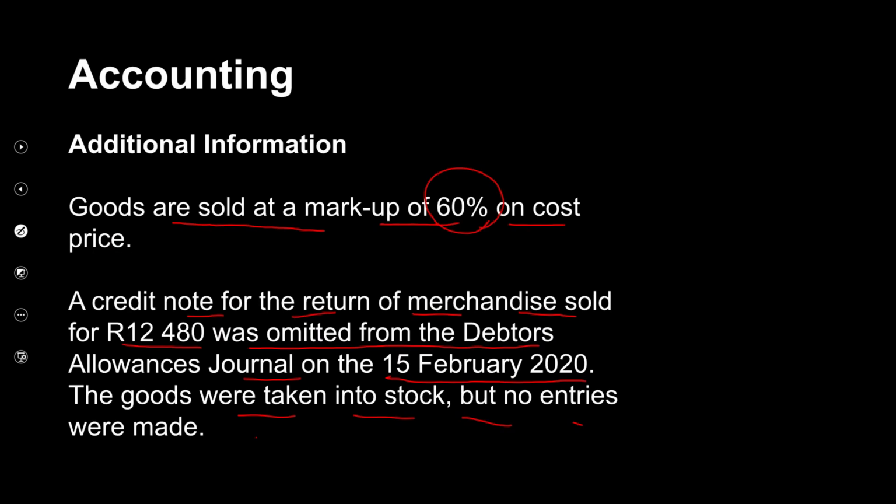Right, but I also know that a credit note for the return of merchandise sold was 12,480. Okay, now we know that that is your debtors allowances, and therefore what happens to debtors allowances?